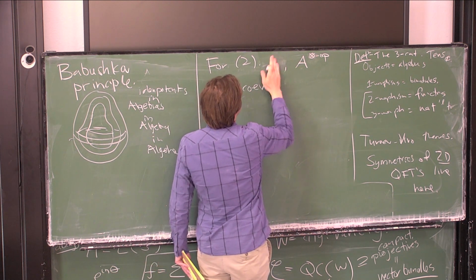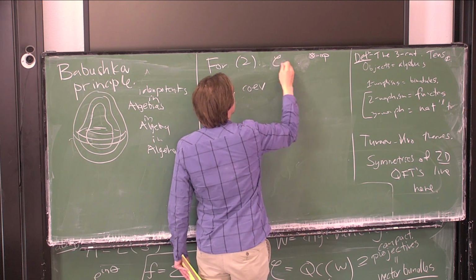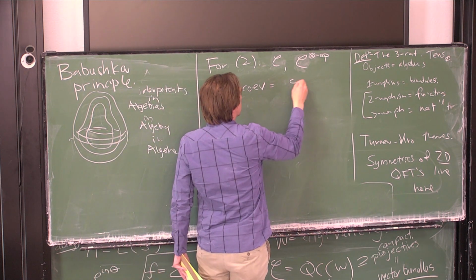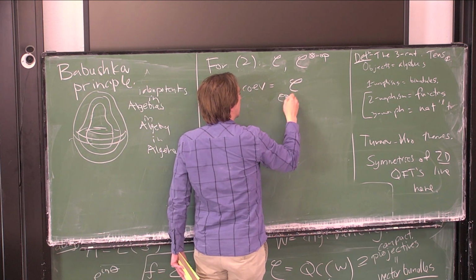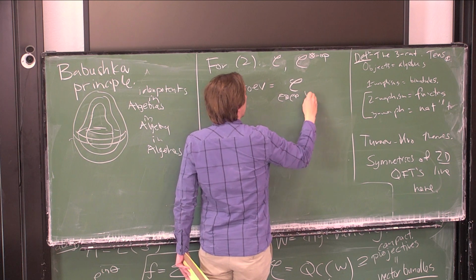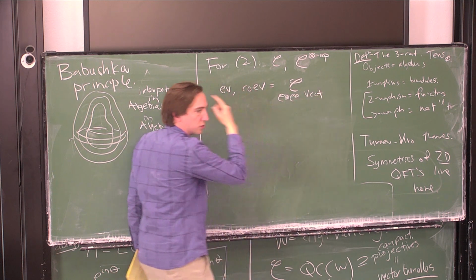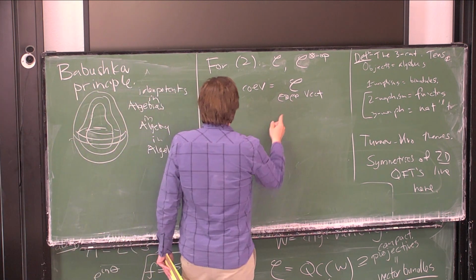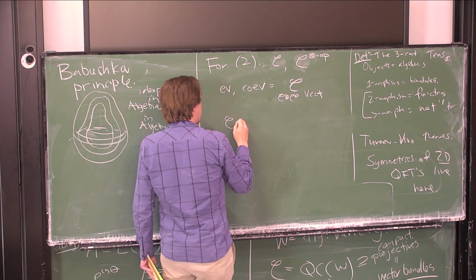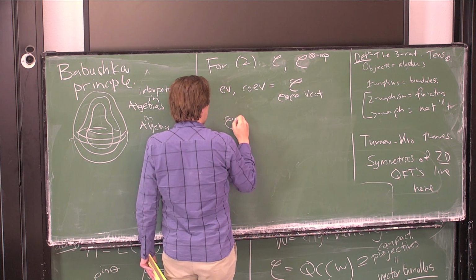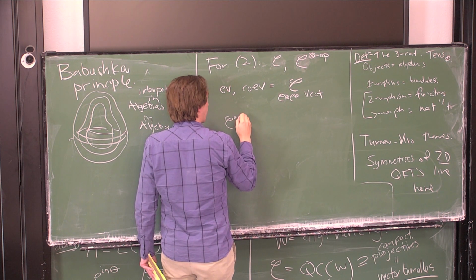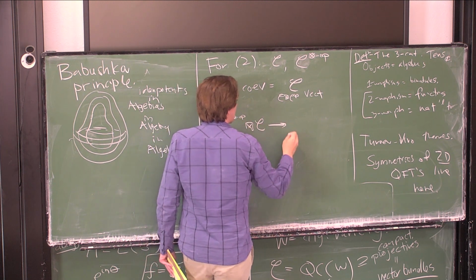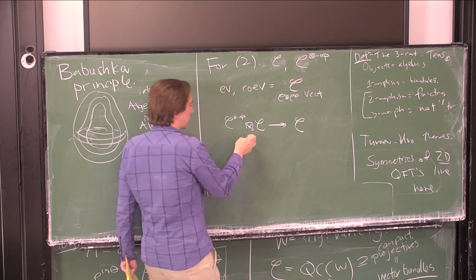Sorry, let me use the letter C. I'm trying to be consistent with my letterings. Apologies. So the evaluation, the co-evaluation, remember these were just C as like a C tensor C op Vect bimodule, just like before. And then the key thing that we needed to know was that C tensor C op, dot, C mapping to C. So this is a bimodule.